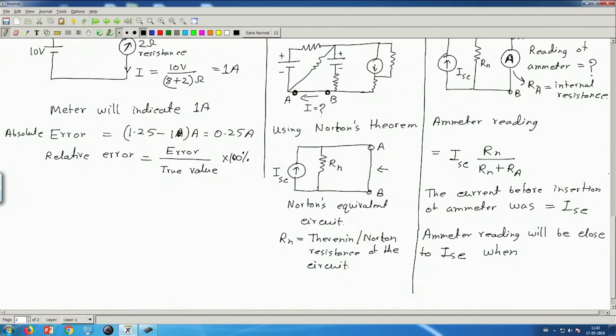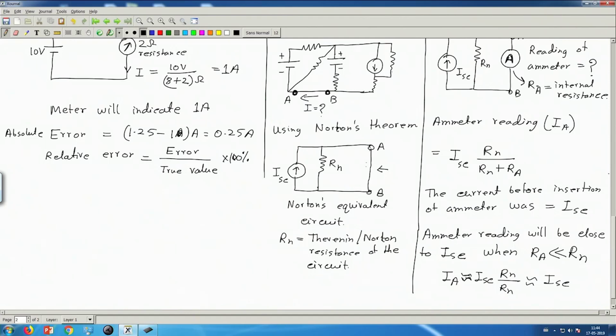Only if R A is much less than R N. When R A is much less than R N, then, call this I A the ammeter reading, I A will be ISC multiplied by R N by R N. We can neglect R A because R A is much smaller than R N. So, this is approximately true, and this will be equal to ISC. So, this is the condition we want.